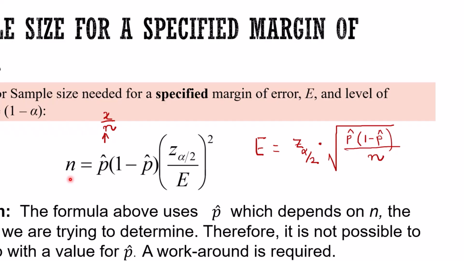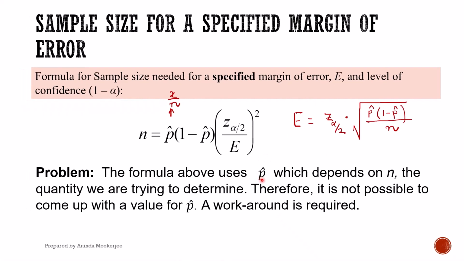We are trying to find the sample size using this formula, but for that we need to know what p hat is, and to know what p hat is, we need to know what n is. So here is a catch-22 situation. All right. Therefore, we have to think of coming up with a workaround as to what value we should use for p hat without using the formula for it.